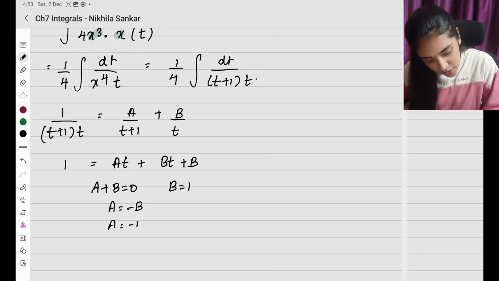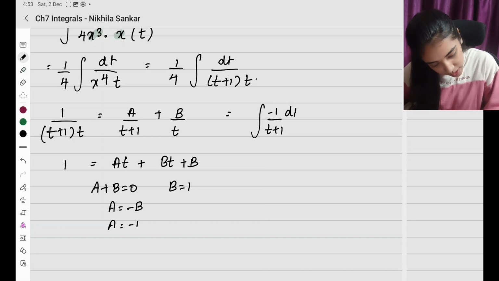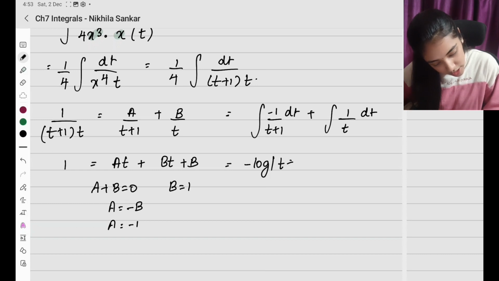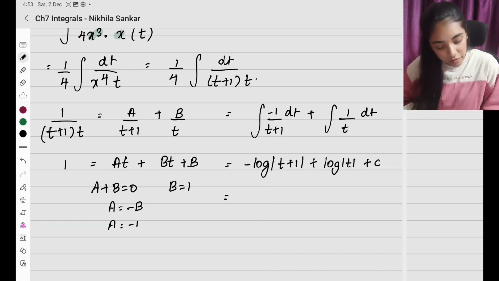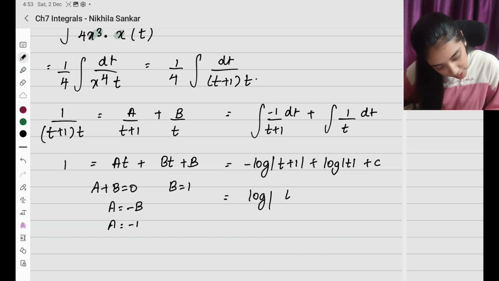So this is going to be integral minus 1 divided by t plus 1 dt plus 1 by t dt. So this is minus log mod t plus 1 plus log mod t plus c. This is of the form log of a minus log of b, which is log of a by b. So log of t divided by t plus 1 plus c.